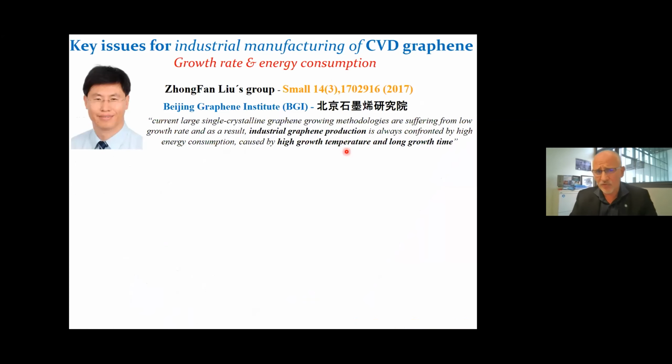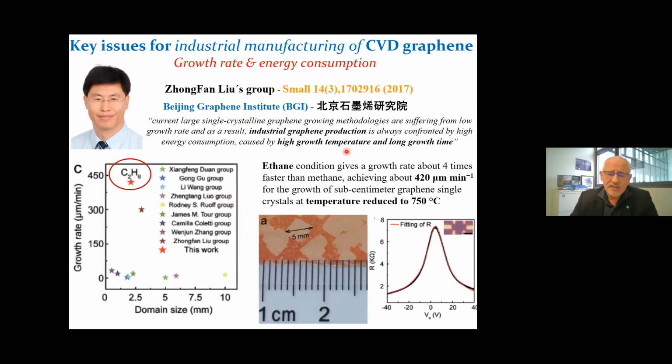And Zhongfang Liu from China pointed out that one of the key issues for industrial manufacturing is that you want to avoid high growth temperature and long growth time for efficiency of production. So there is a lot of activity trying to minimize the growth time and the temperature.